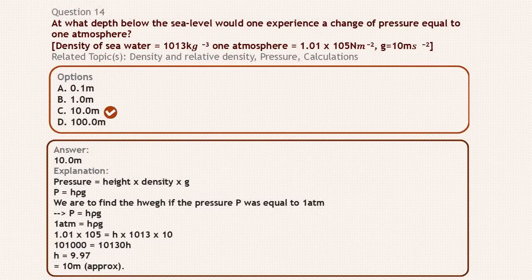This will then be equal to 1013 times 10, so this will be 10,130. To get the value of our h here, we will divide both sides by 10,130, and that will be equal to 9.9 meter. Approximately, this is 10 meter.